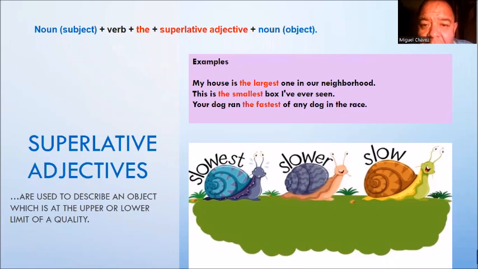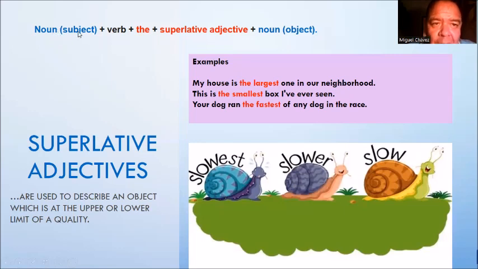In these examples, we are comparing more than two objects. For example, in the first one, my house is the largest, is the biggest in this neighborhood in comparison with all the other houses.